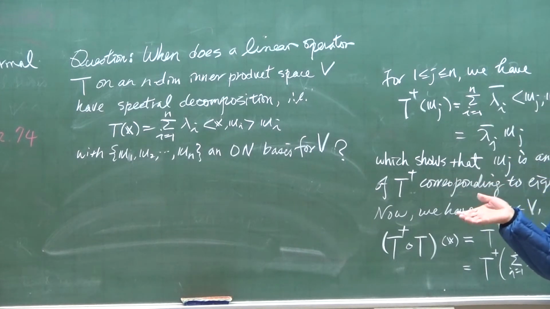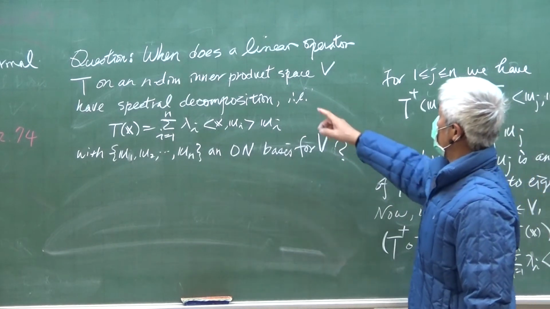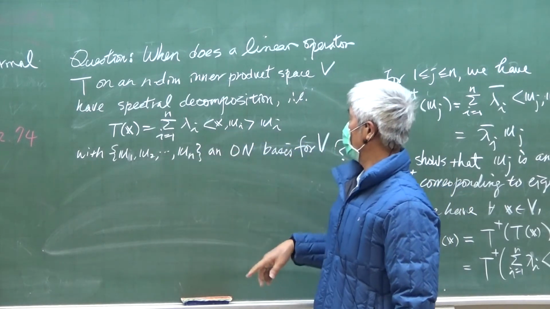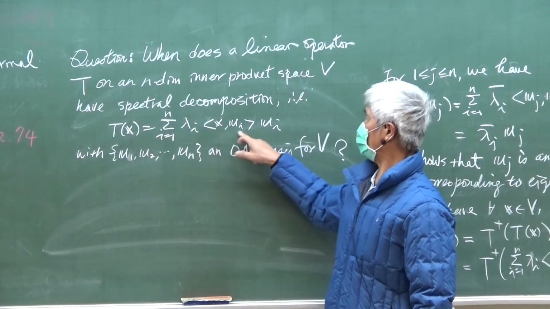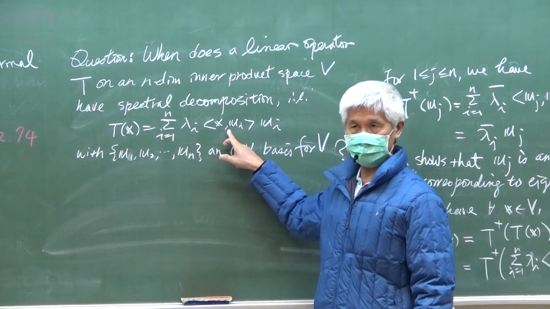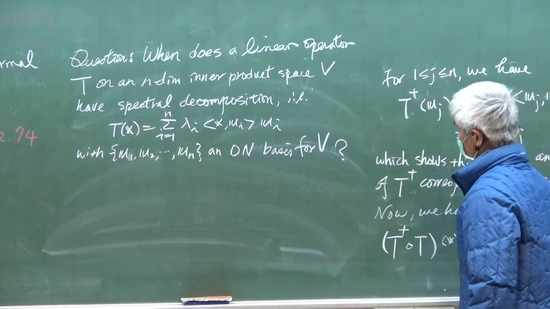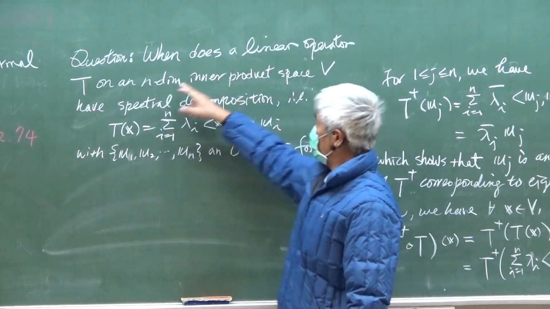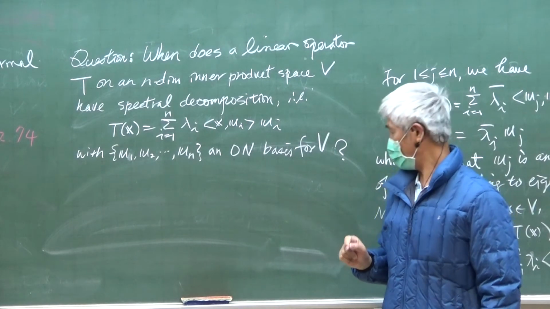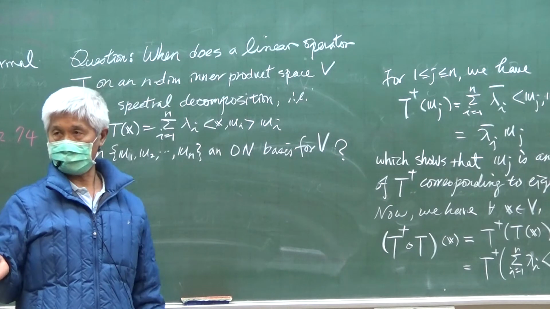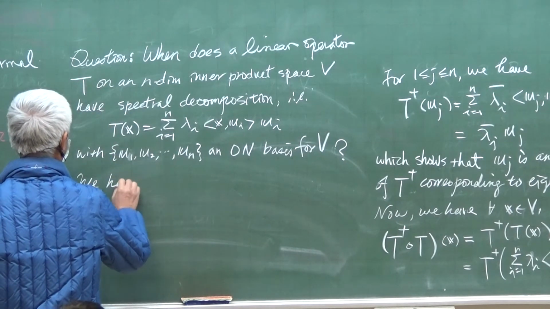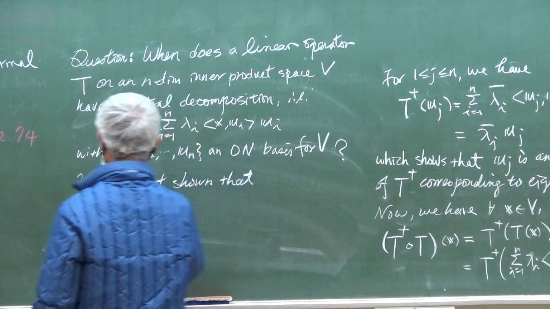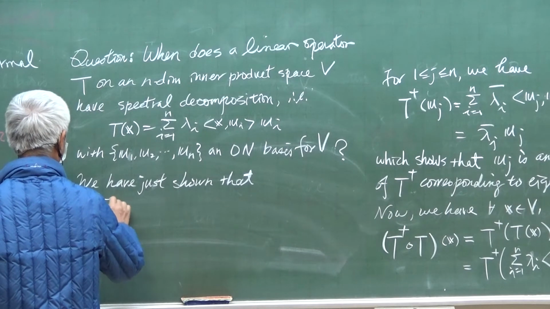Okay, so we have to answer the question. Alright, so it's very nice if we have a linear operator which has a spectral decomposition, because to find the function value, the important thing is to do the inner product only. Okay? So we should characterize those linear operators that have spectral decomposition. Okay, and we have a partial answer. We have just shown what happens if F equals R.